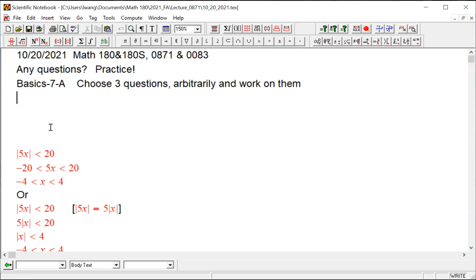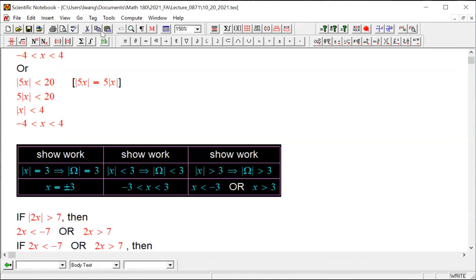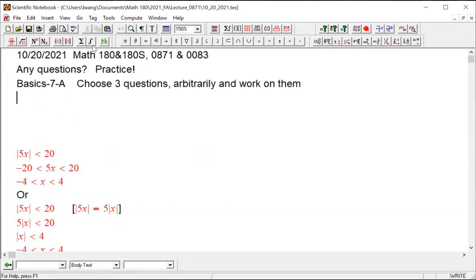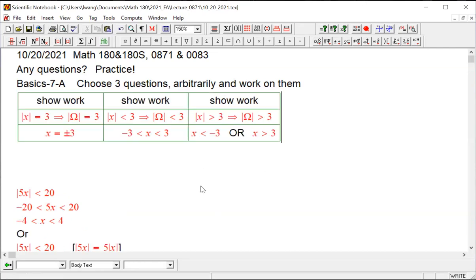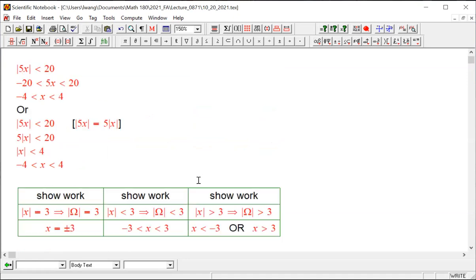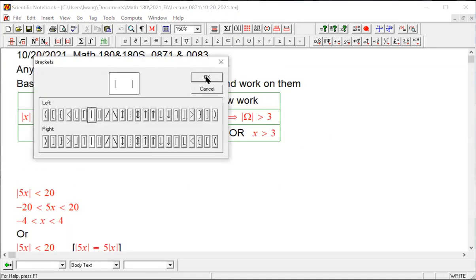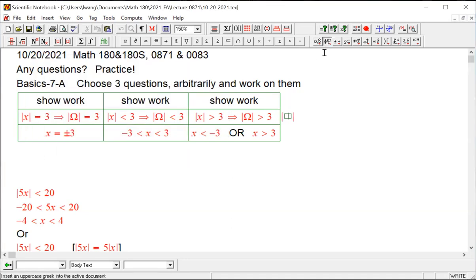Okay. You can see that we have these three types in general, right? These three types will take you a long way. And of course, we also have this nice property here, that the absolute value of anything is at least 0. That's always true, right?